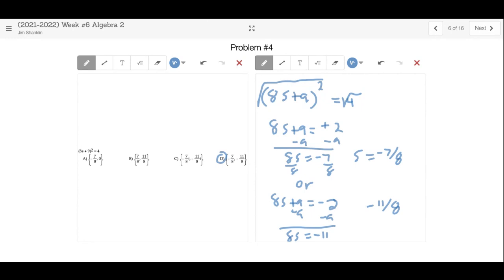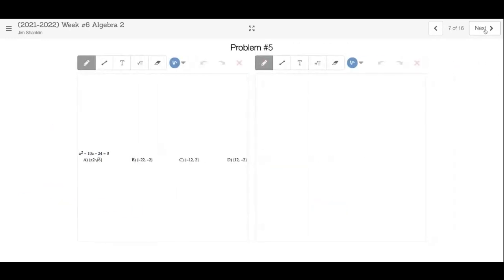Okay, so now we've gone through quite a few problems dealing with taking the square root, right? Hopefully the next one deals with something different. All right, here we go. Now this, you can't solve this one by taking the square root of both sides. Why not? Because you got that negative 10a there.